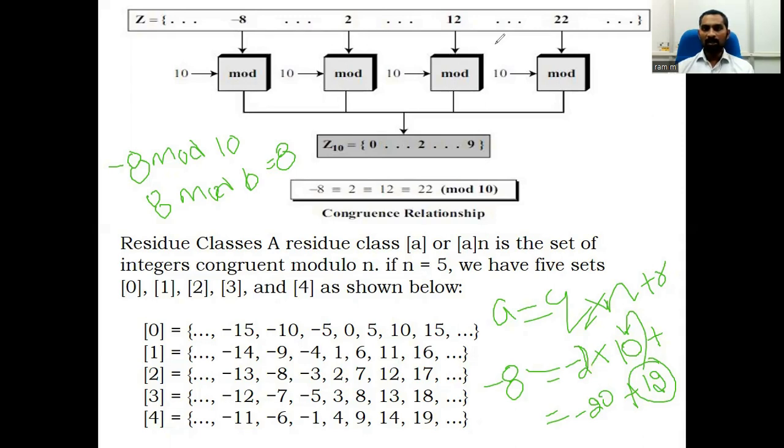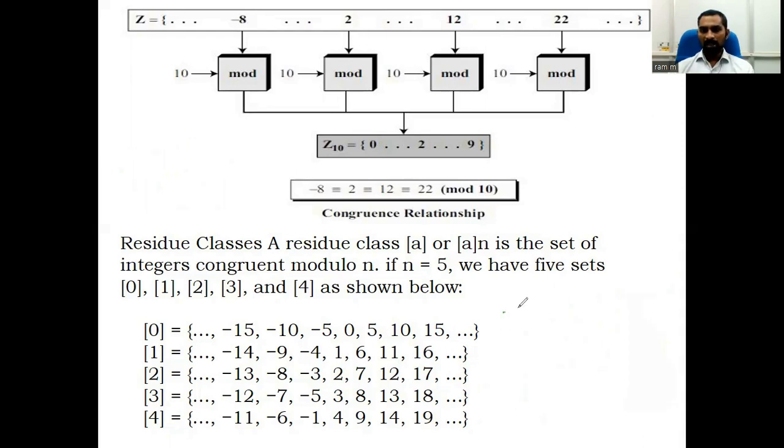Now what I'll do is take -8 equal to -1 into 10 plus what value? If I add 2, it will become -8. So -8 is equal to -1 into 10 plus 2, so the residue will be 2.